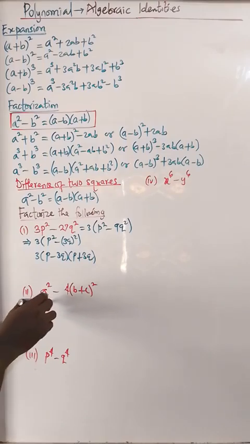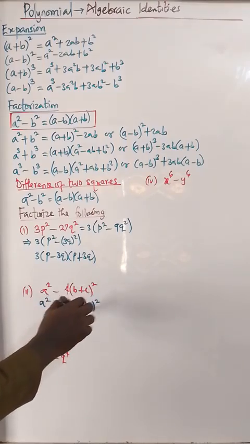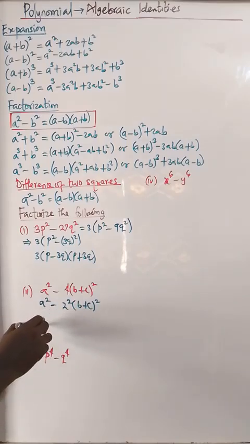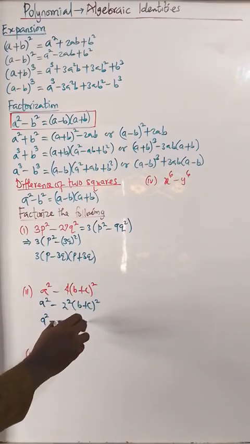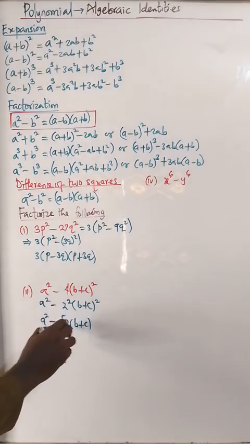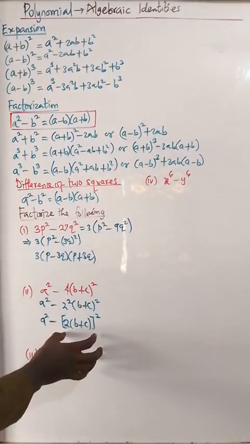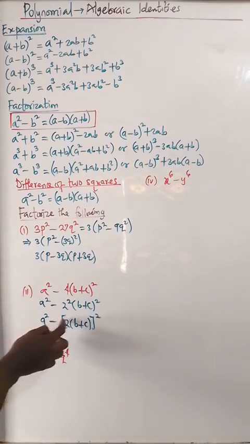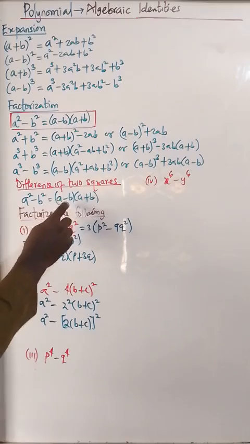For the next one, 4 is a perfect square. So we can write this as a squared minus 2 squared into b plus c all squared. This square is common, so we have a squared minus 2 into b plus c all squared. You have to ensure that there is nothing outside or beside what carries the square. So what next? We cannot follow the rule straight. We subtract, then we add.